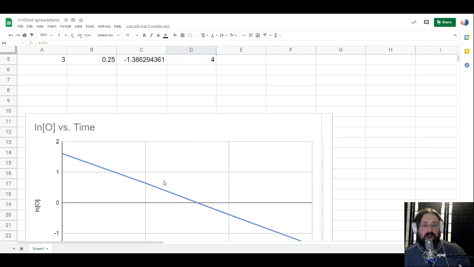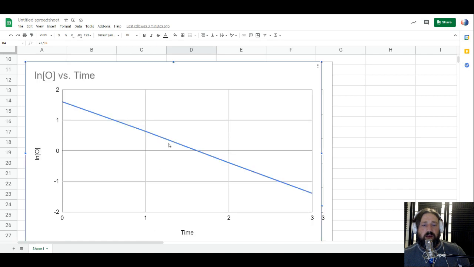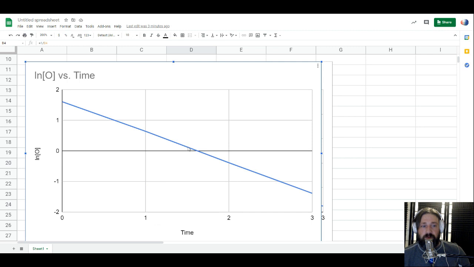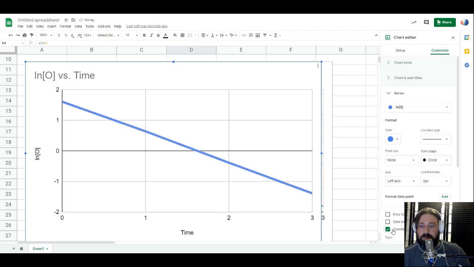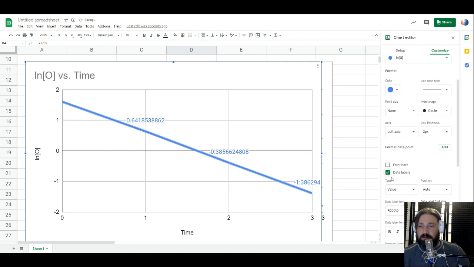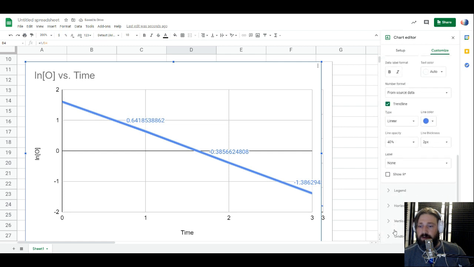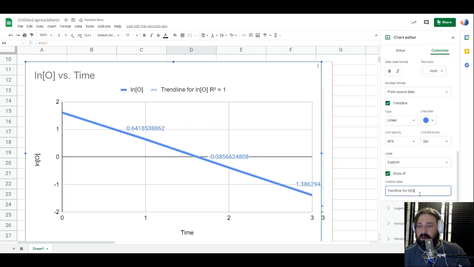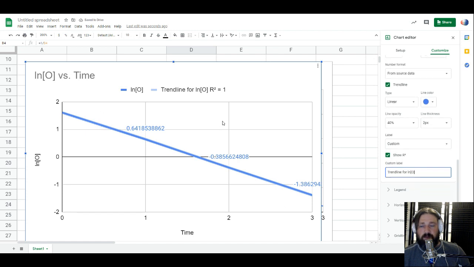All right. Now how do we figure out the rate constant? From this, we can find the slope of this line. And I know what you're thinking: how can we figure out the slope of this line? It'd be easy with a spreadsheet, where you can just find our trend line and the formula.